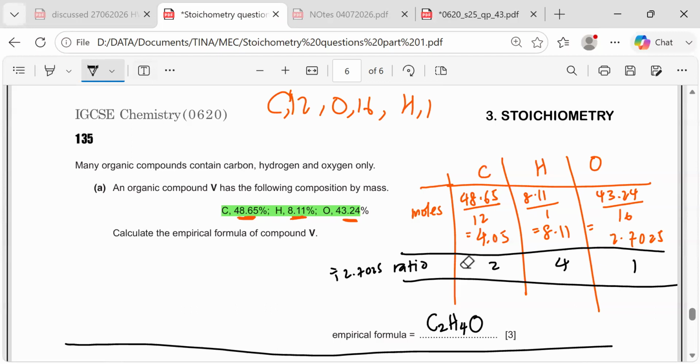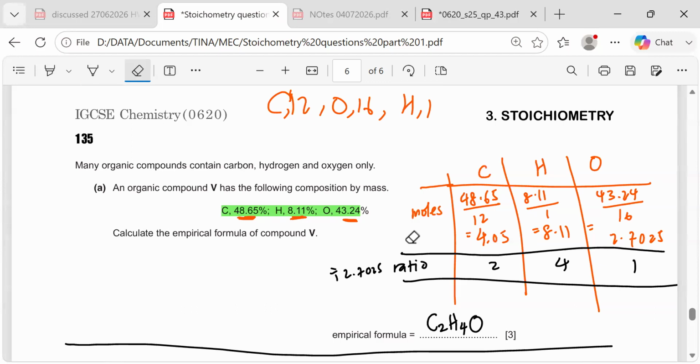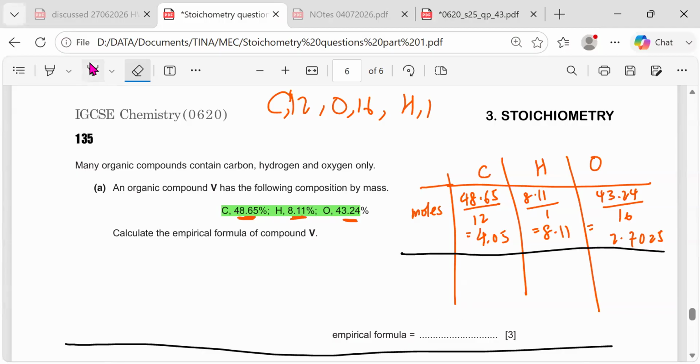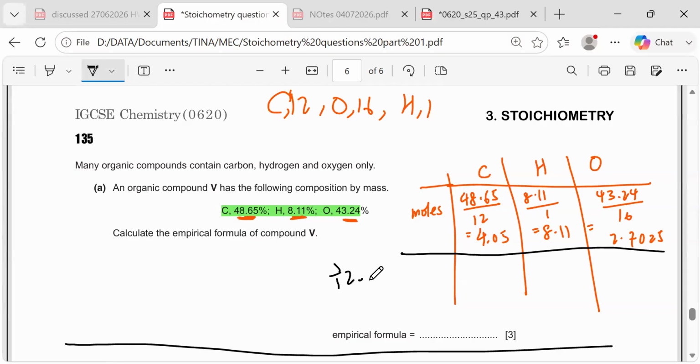My mistake, guys. I divided by 2.7, but I divided wrongly. Can you please change the answer for 135? If I divide by 2.7, I shouldn't get 2. I think I pressed 2 instead of 2.7 in my calculator.